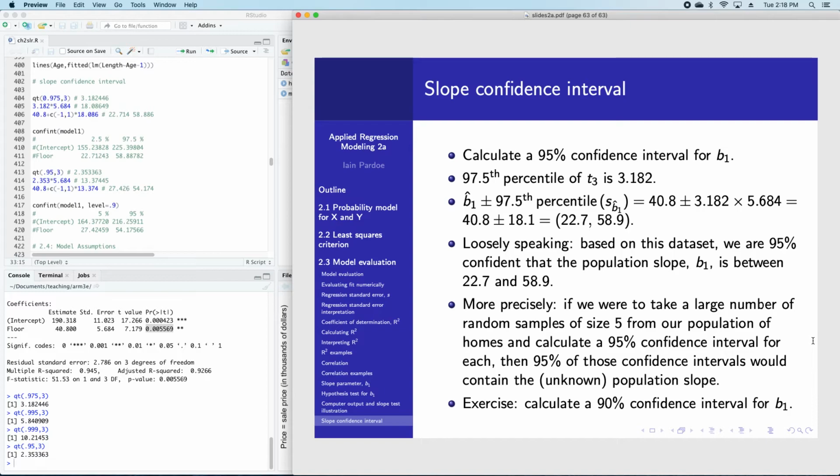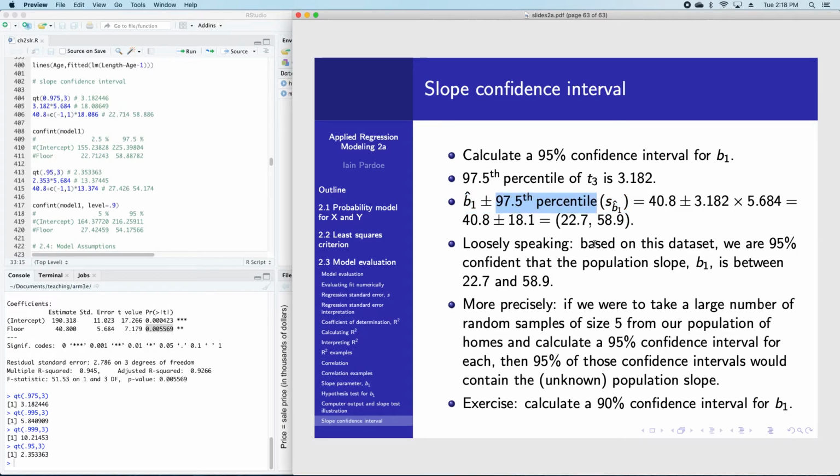How would this change if we were to calculate a 90% confidence interval instead of a 95% confidence interval? Well, if we look at our formula, this piece will be the same because the center of the interval will be the same, centered at the estimate. This piece will be the same, the standard error is the same. The only bit that would change is the percentile.